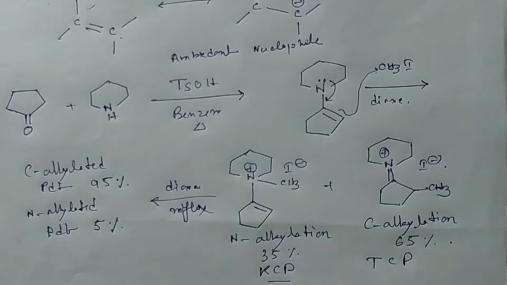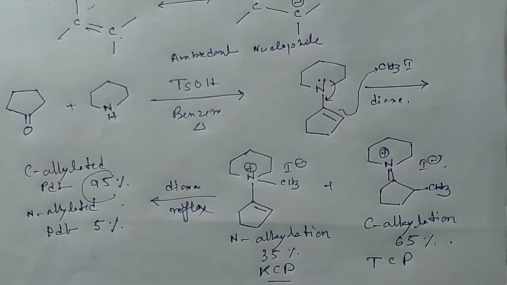That is because if we let the reaction carry on for a long time, then the more thermodynamically stable compound will be predominant at 95% yield, and the N-alkylated product is only 5% yield. So this data suggests that the C-alkylation product is the thermodynamically controlled product in the alkylation of the enamine.